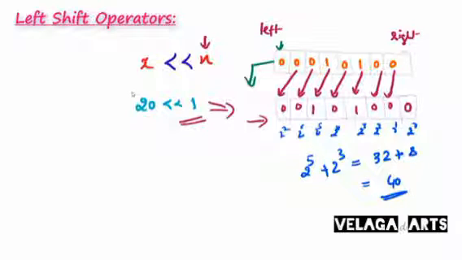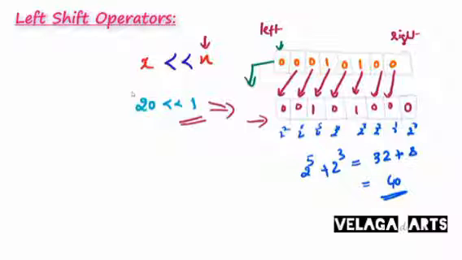Most importantly, if you are using bitwise shift operators, apply them on unsigned values. Because if you apply a bitwise shift operation on signed values, the result is implementation dependent. When we apply the bitwise left shift operator on signed values, we may face undefined behavior or an overflow condition. So it is better to use the bitwise left shift operator with unsigned values.